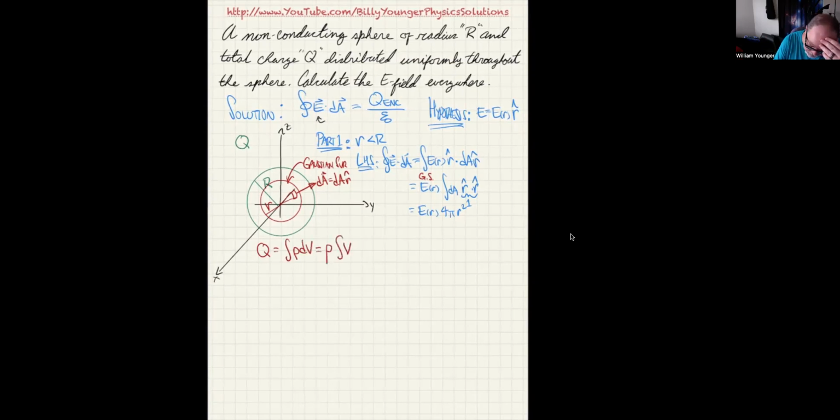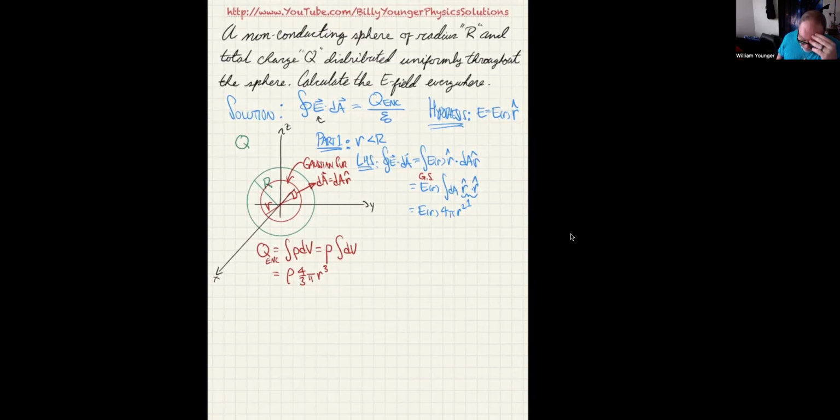The integral of dV obviously becomes rho times 4/3 pi little r cubed, because we're only talking about Q enclosed, and for r less than R, the Q enclosed only goes out to a radius r.